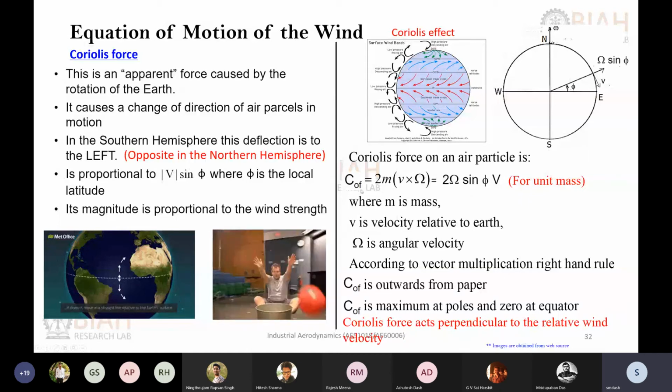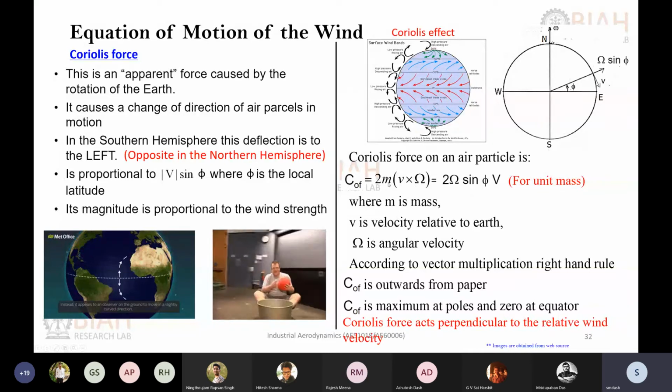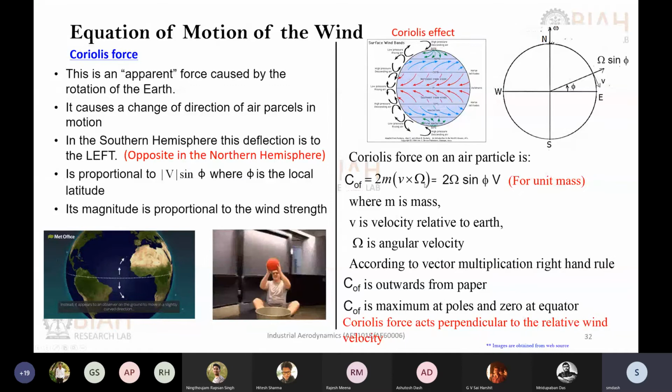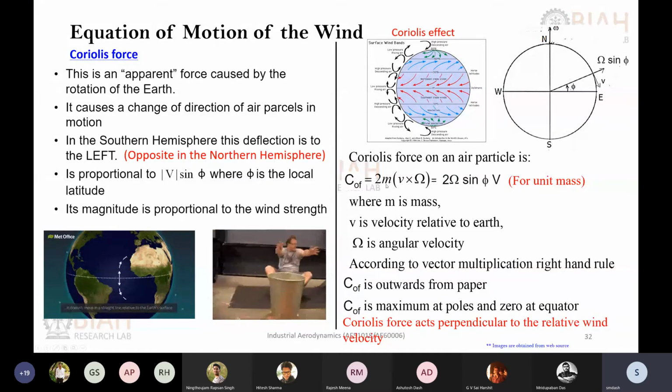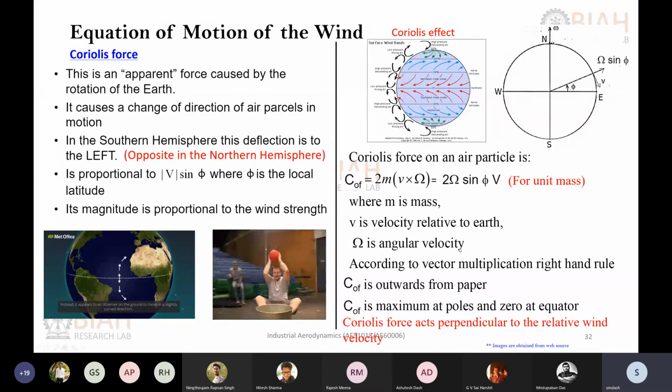So Coriolis force is equal to 2m v times omega. Here m is the mass of the air molecule, v is the relative wind velocity, and omega is the angular velocity.